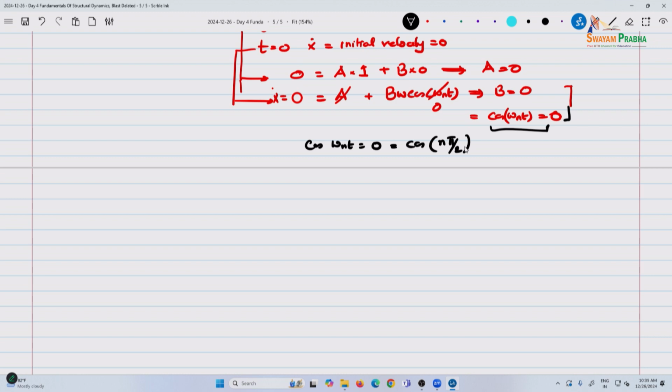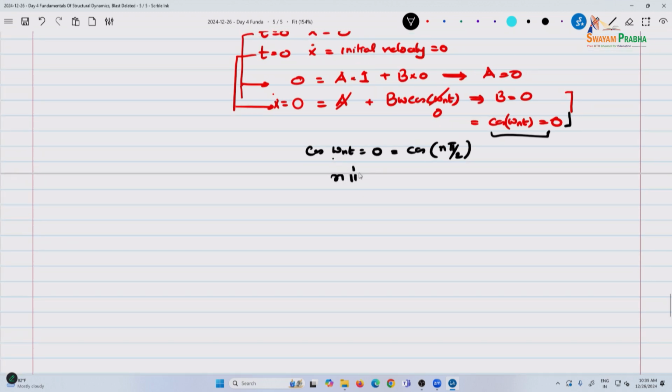So, from here you get n pi by 2 is equal to omega n t. And this is at t equal to 0.